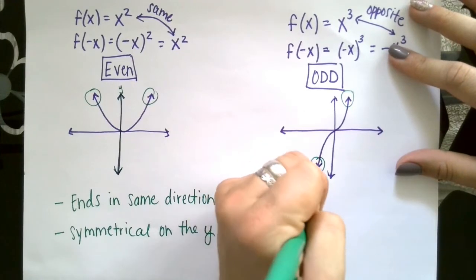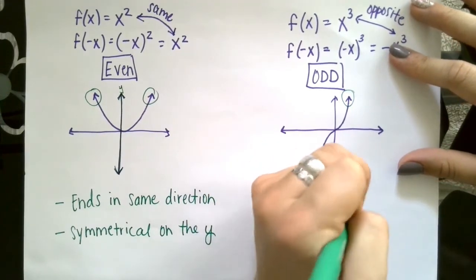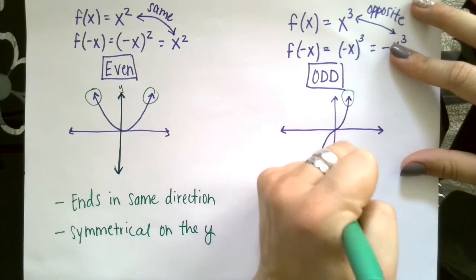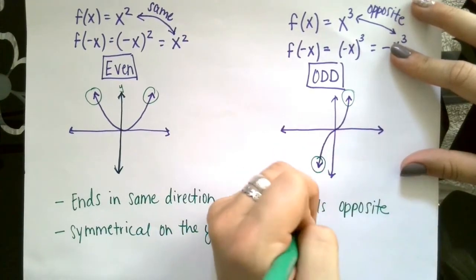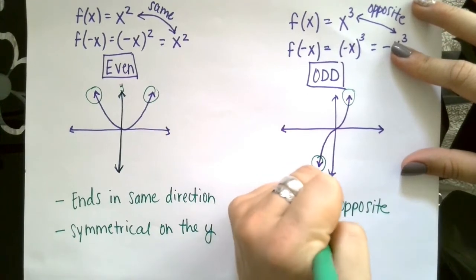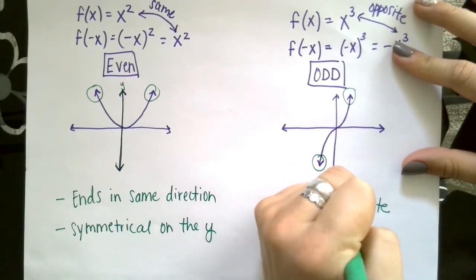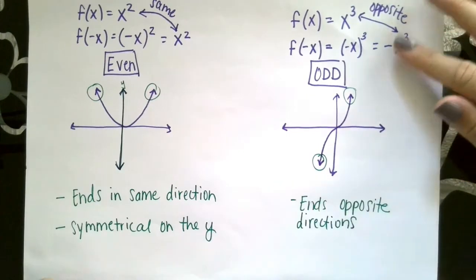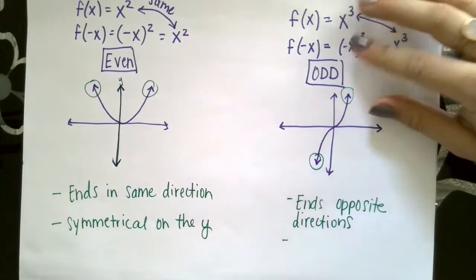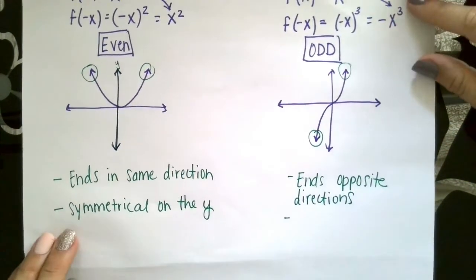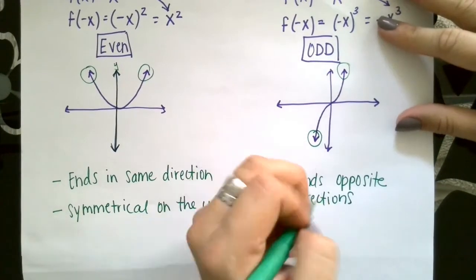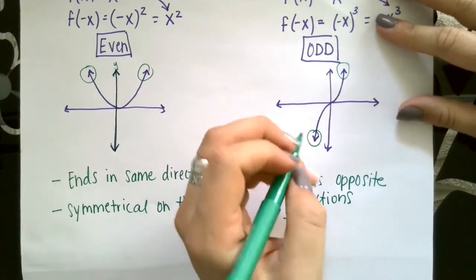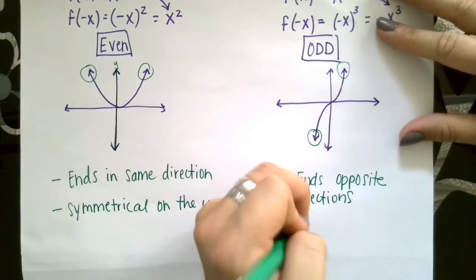So my ends are in opposite directions. And this one has rotational symmetry about the origin. So again, it's got to intersect with our axis.